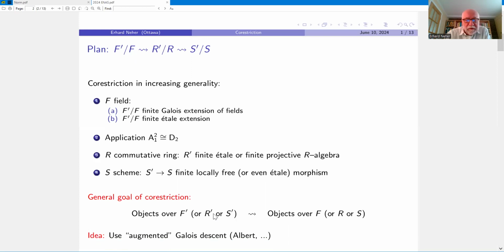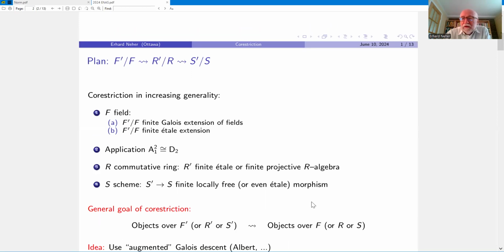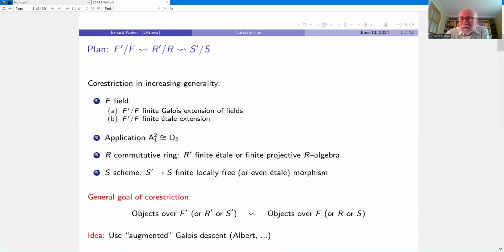So let's start. So the general setup of corestriction is that you have an object over F prime, and you want to go to an object over F. Now, there are, of course, natural constructions to do this, which have to do with descent properties.